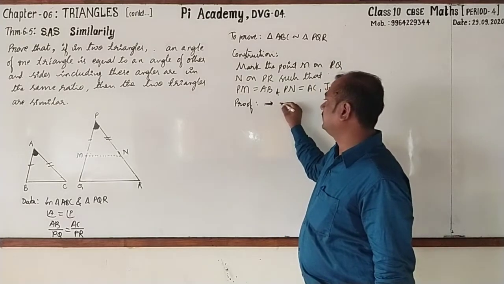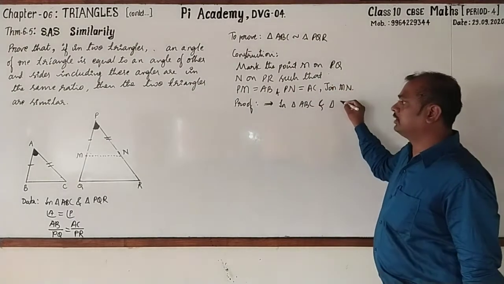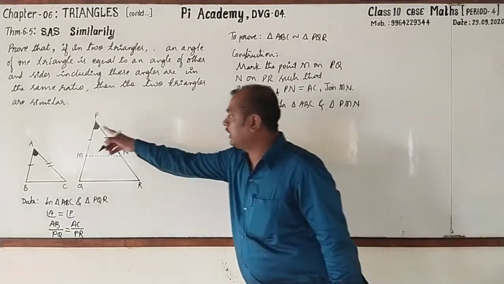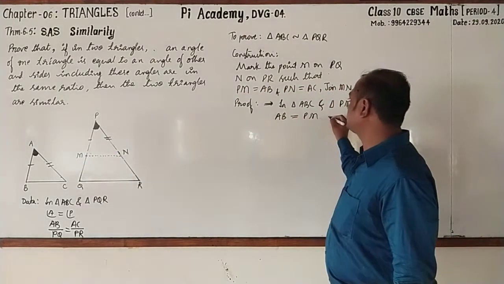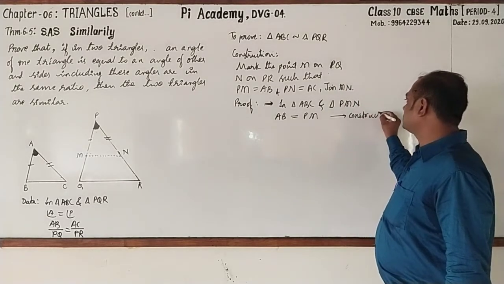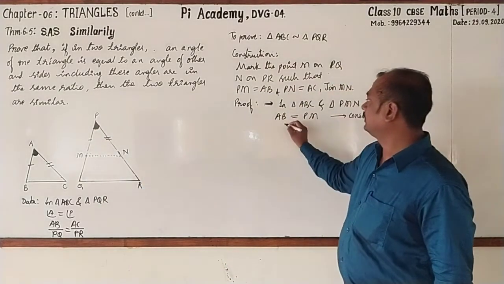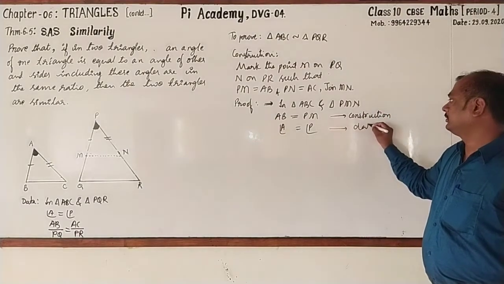Start writing with me. In triangle ABC and triangle PMN, in these two triangles, AB equal to PM, this is from construction. Then angle A equal to angle P, that has been given in data.